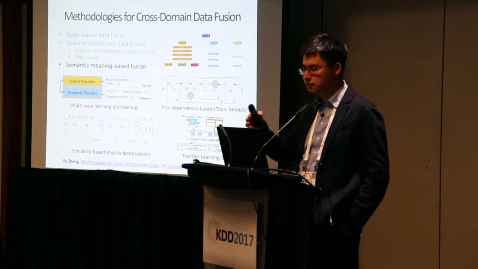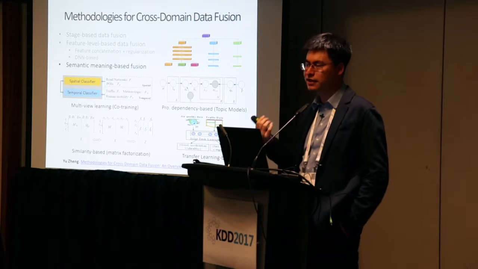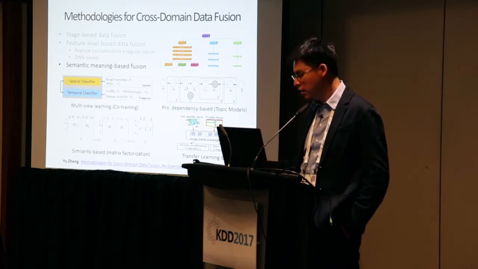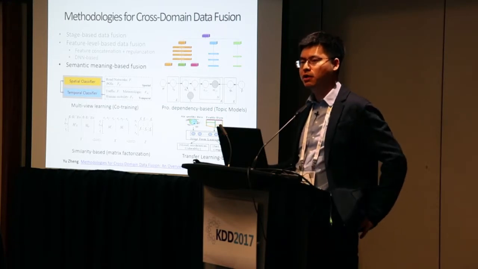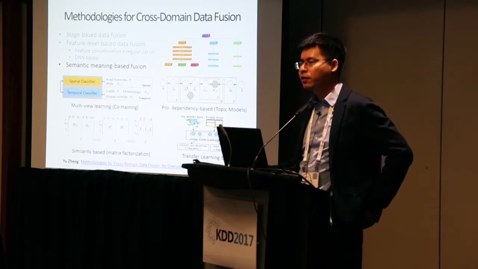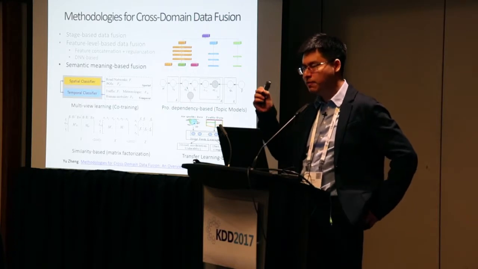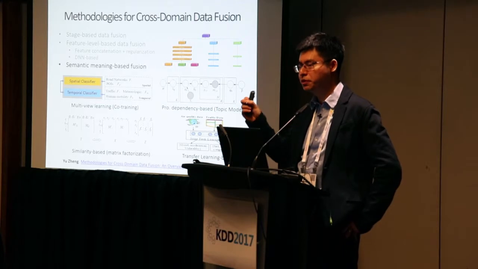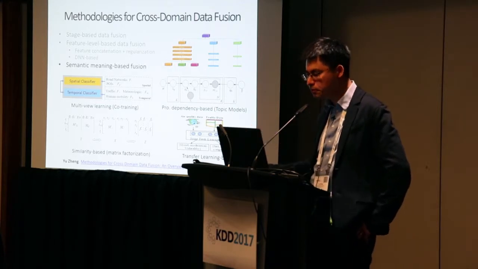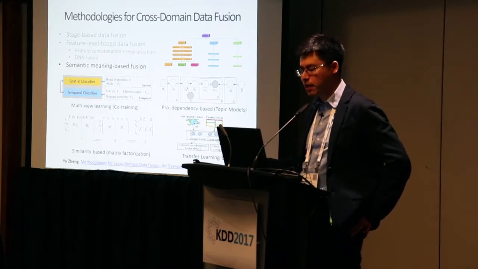We just treat deep learning as a black box, throw the data into the black box and do the fusion. But now in the following methods, we do care about the semantic meaning of each type of data, and the relationship between each pair of features. This is the first reason we call it semantic meaning-based.